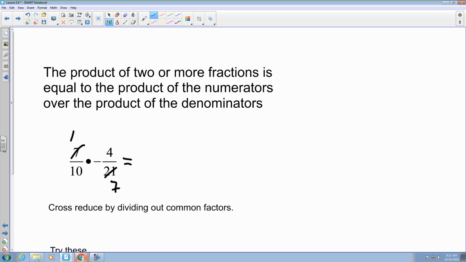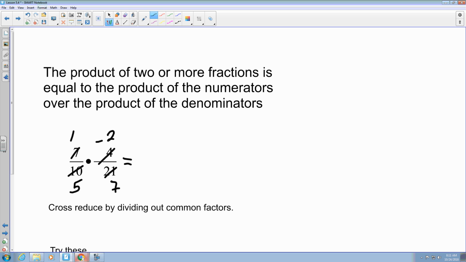4 and 10, I know, are both divisible by 2. Actually, it's negative 4 because of the negative right here. So it's actually negative 4 and 10. Negative 4 divided by 2 is negative 2, and 10 divided by 2 gives me 5.